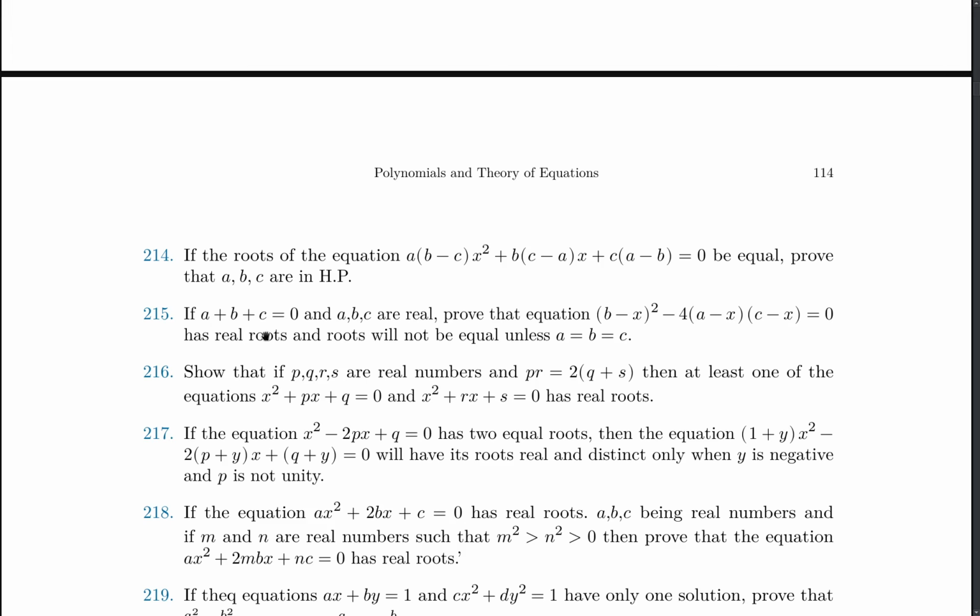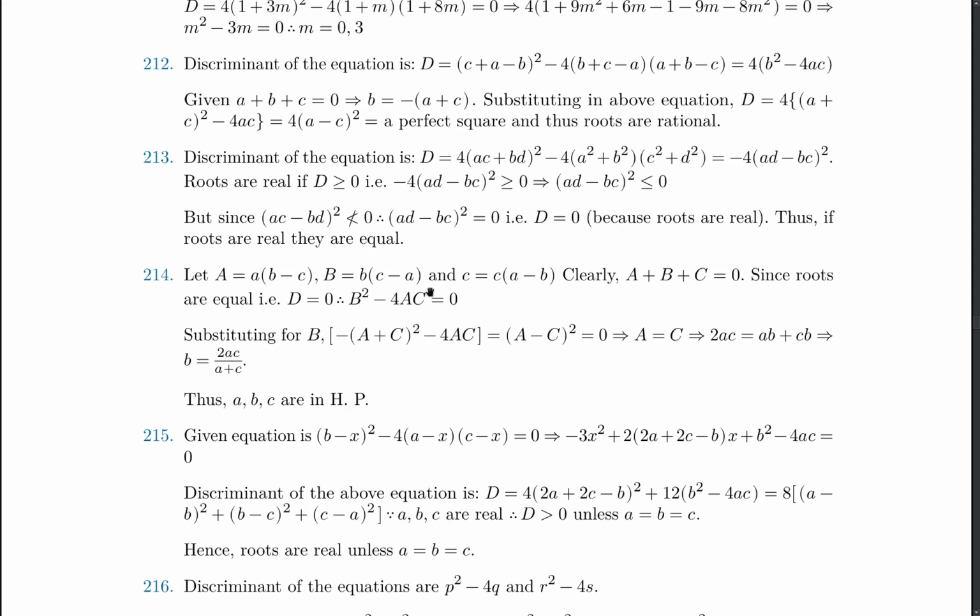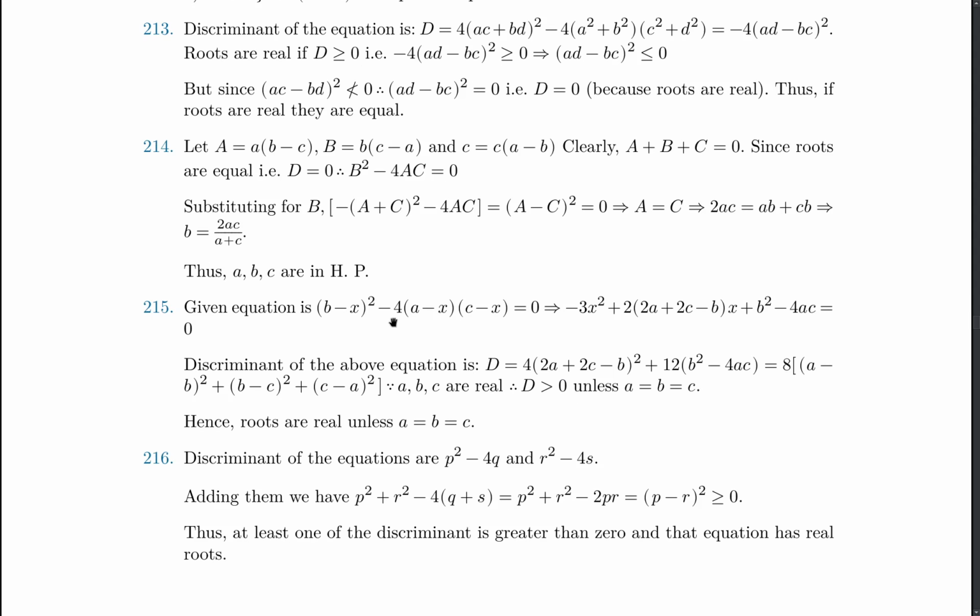Now we look at question number 215. It says that if A plus B plus C is equal to 0 and A, B, C are real, prove that the equation B minus X whole square minus 4 into A minus X into C minus X is equal to 0 has real roots, and roots will not be equal unless A is equal to B is equal to C. So our given equation is B minus X whole square minus 4 into A minus X into C minus X equal to 0.